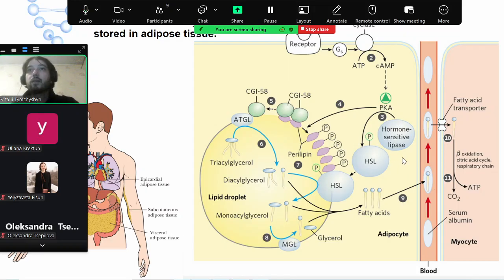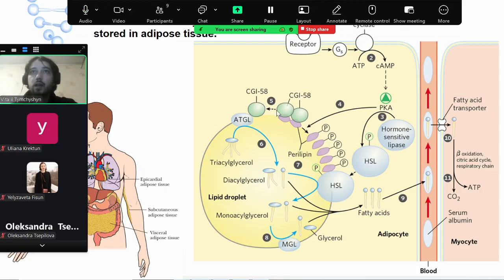Or it may start phosphorylating the perilipin. Here you see the perilipin phosphorylated, connected to CGI58. It may be released from the CGI58 and stay phosphorylated, and it may even interact with the hormone-sensitive lipase.